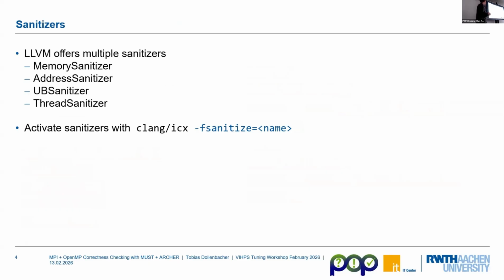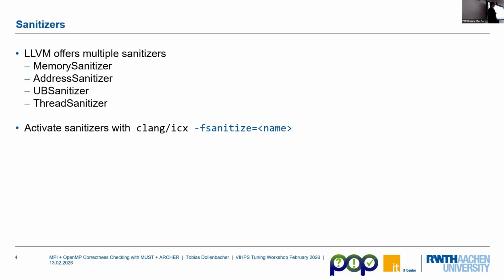First one is called memory sanitizer. Second one, address sanitizer, and undefined behavior sanitizer, which are the three that I'm not going to go into too deeply today, because Archer is implemented for the thread sanitizer, which is the one that gives us hints on data races and this kind of stuff.